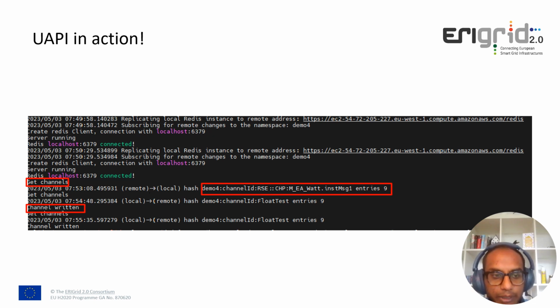And what the UAPI also allows you to do is, of course, to write or send values back to the other participating RI in this experiment. So as you see on the next line, from the local to the remote, we write some values back to the other lab. And this way, the UAPI enables data exchange to take place.